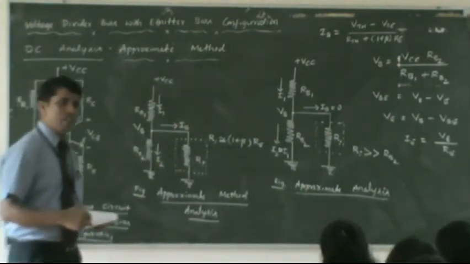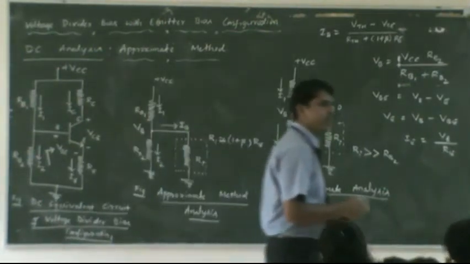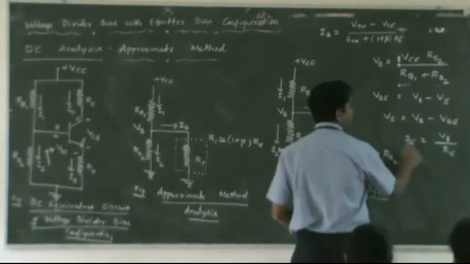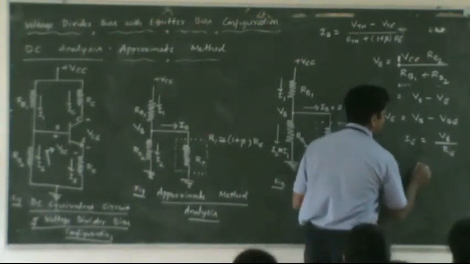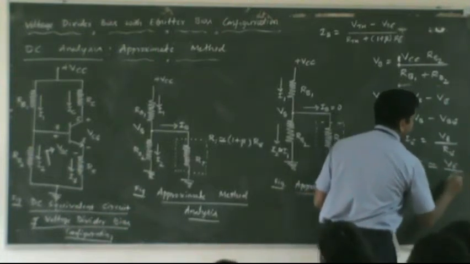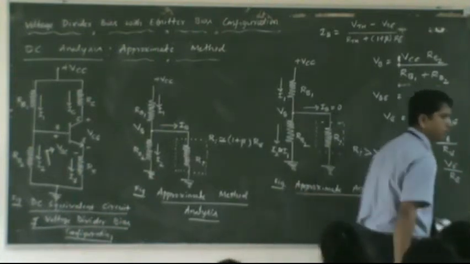If you know the emitter current, do you think calculation of collector current is difficult? You got my point? If you know the emitter current, calculation of collector current is very easy, because this current is approximately equal to collector current. So I can write IC is approximately equal to VE divided by RE.